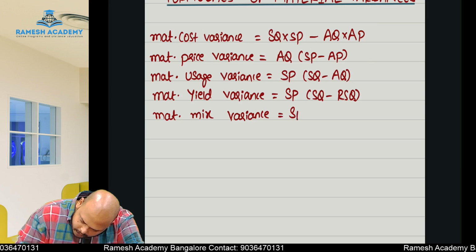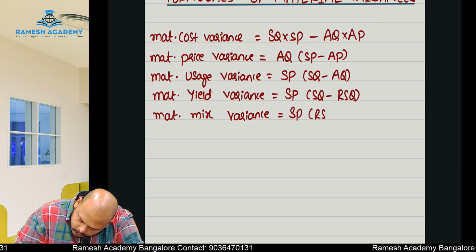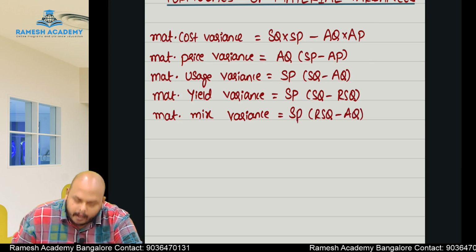Material mix variance is standard price into revised standard quantity minus actual quantity.